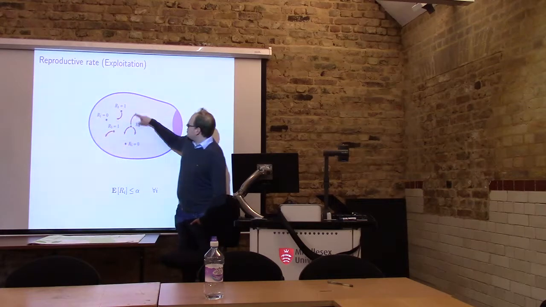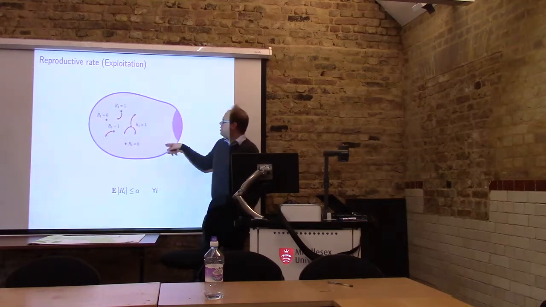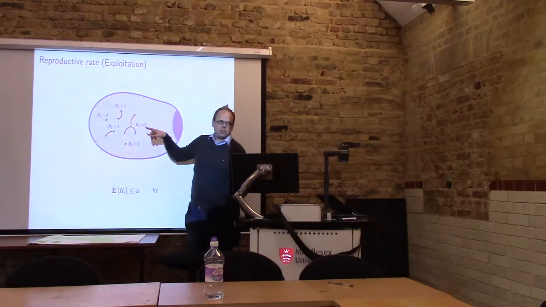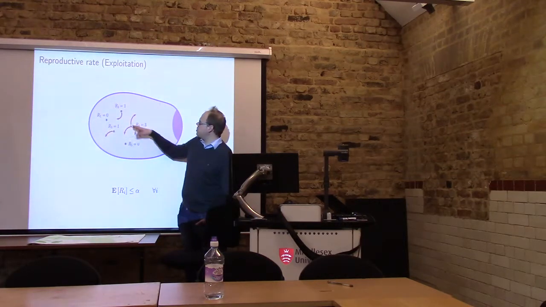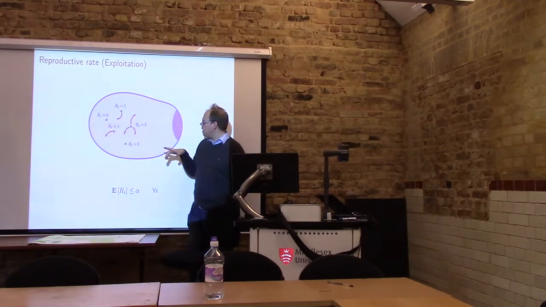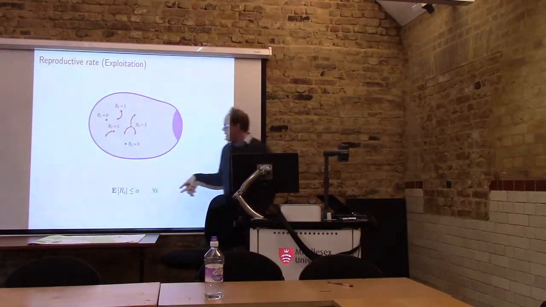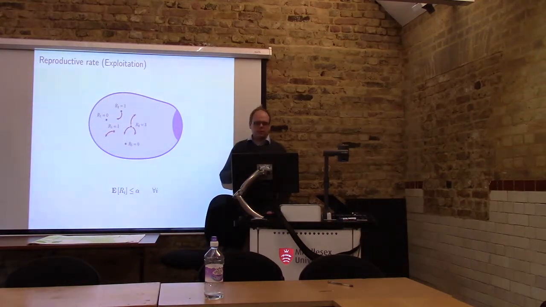Let's consider all individuals in your population, and count how many times each individual was sampled, how many offspring it got. If you pick the individual that has the highest number of offspring and take the expectation of that, you get what is called the reproductive rate. So the reproductive rate is the average number of offspring of the best individual in the population.